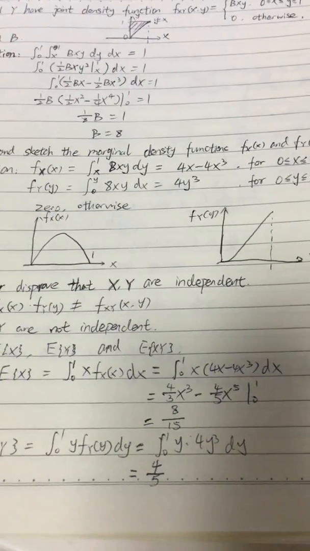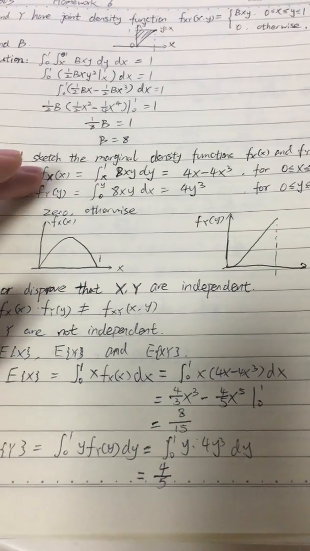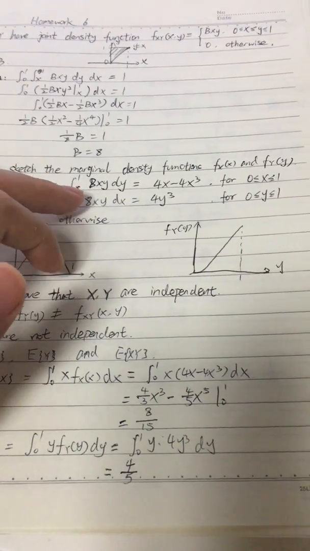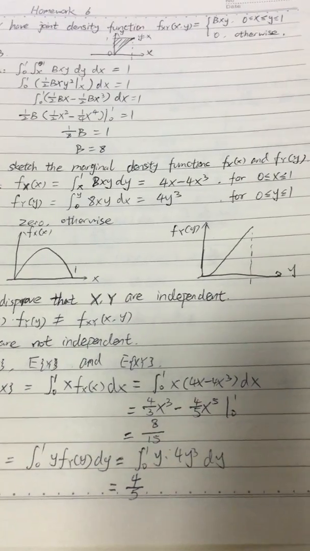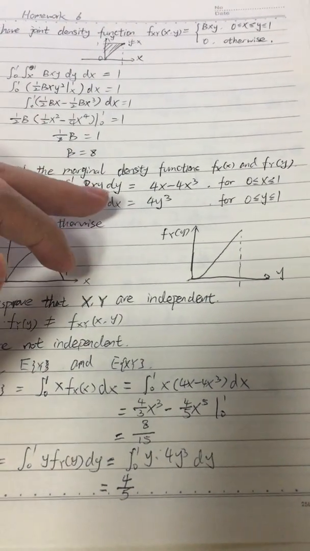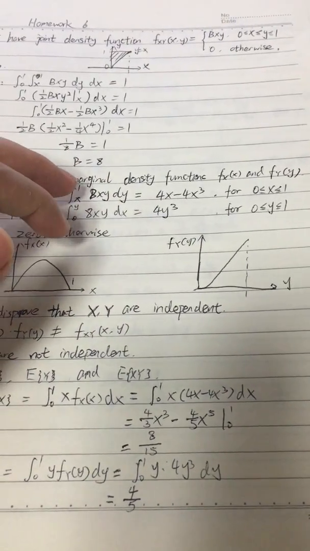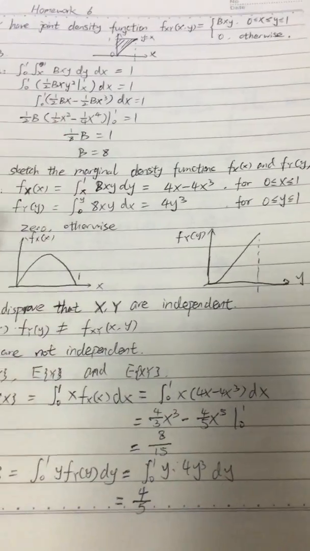According to the definition of the functions fx and fy, we can easily write down fx equal to the integral over y of this function, in the area where y is from x to 1.